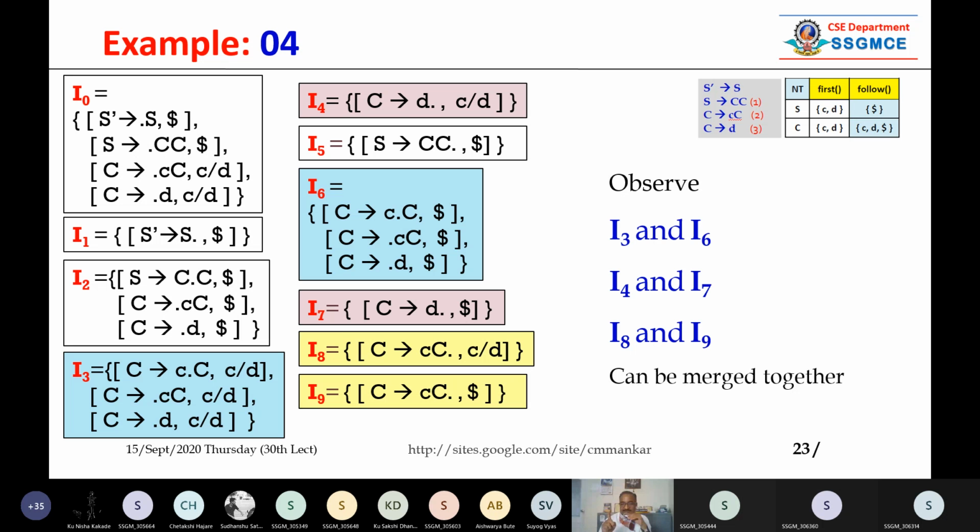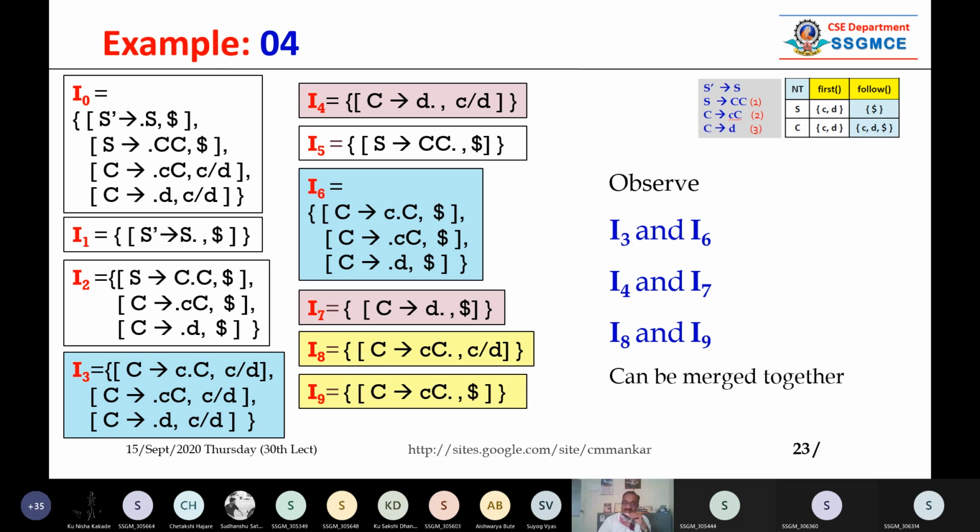So let us call them LR0 atoms, or you can call them the core of the LR1 atom. I have given the definition of core also in the last lecture. So your core should be matching, and no matter whether the look ahead matches or not, that is not a problem.